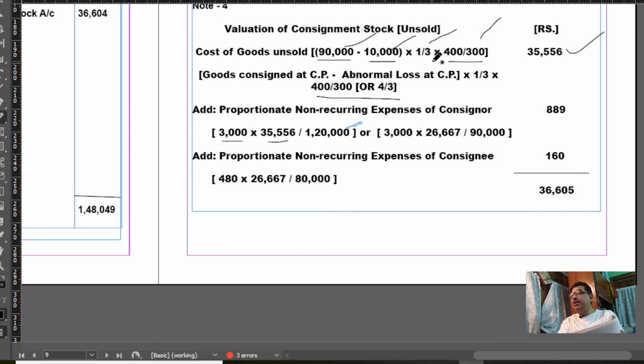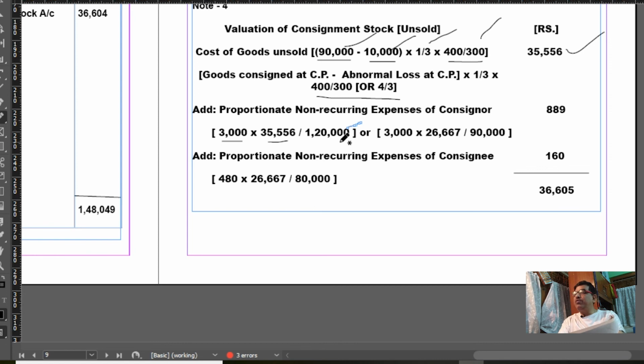That is 90,000 into 4 by 3 into 1/3, because 2/3 was sold out. Naturally, remaining part is 1/3. Therefore, you got this amount here.